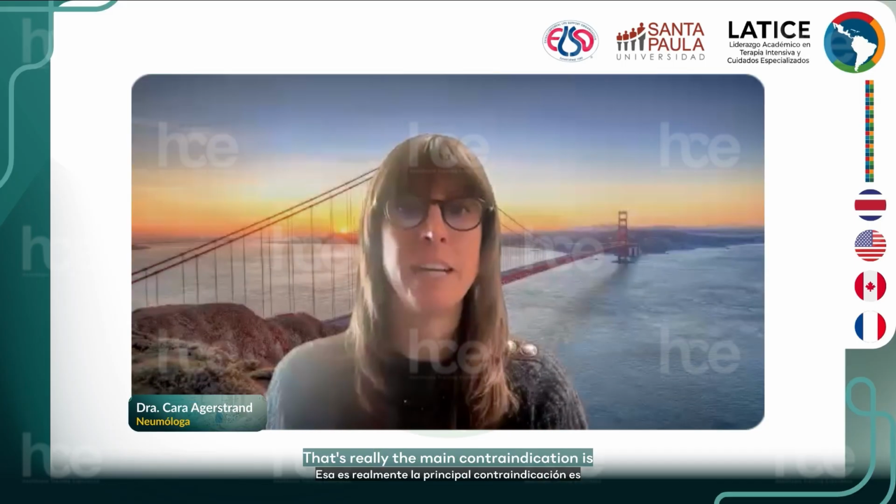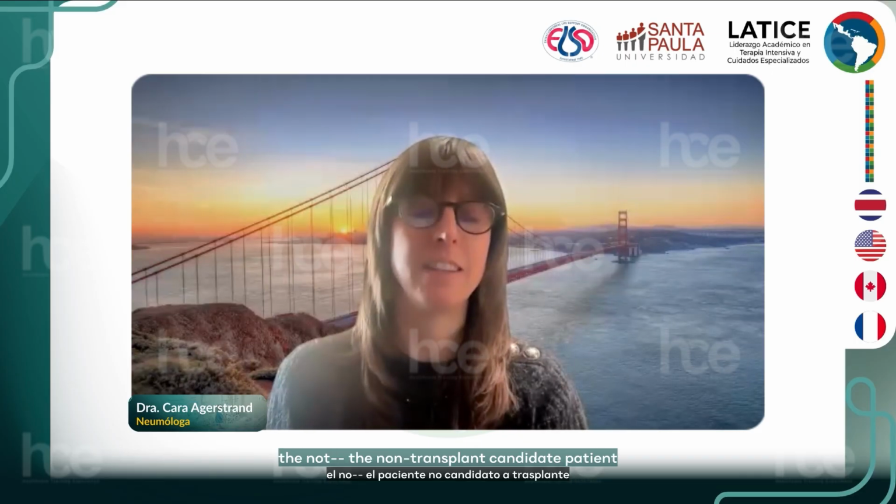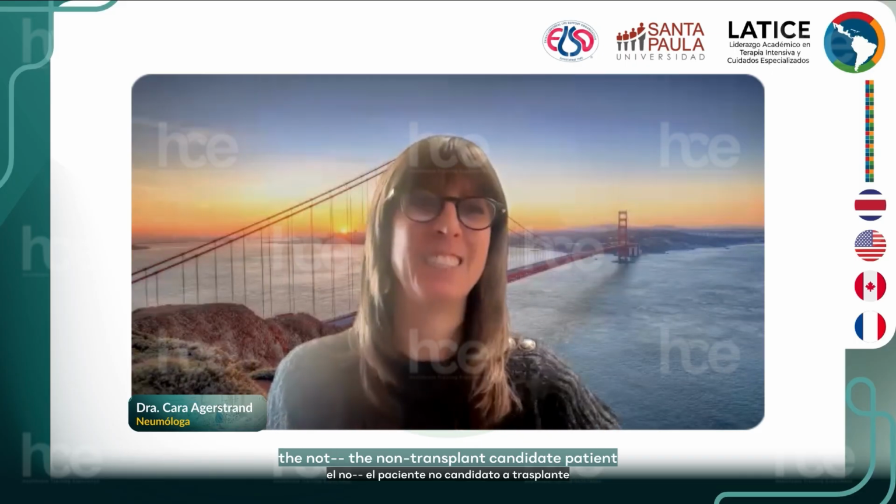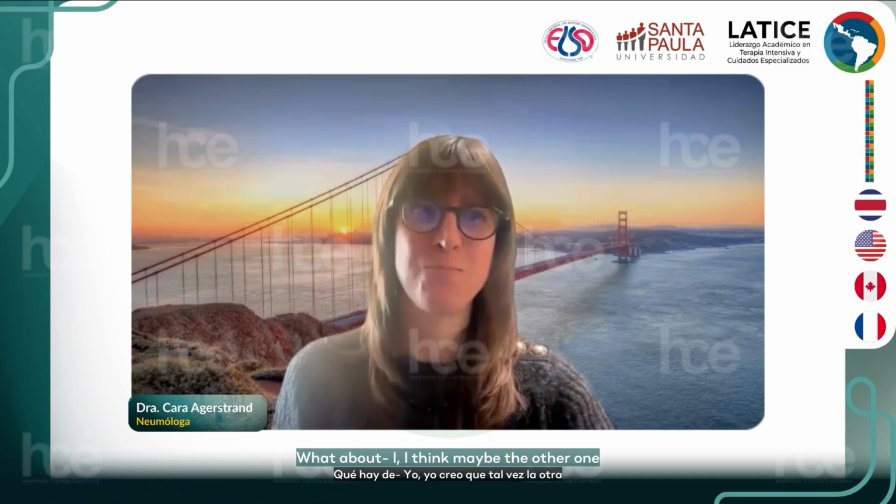I agree. That's really the main contraindication: the non-transplant candidate patient with irreversible lung injury. Another one you might consider, the trauma example might be a good one, is if something is happening with the patient that is more prognostic than the respiratory failure. If they have other organ dysfunction, and the patient, say, has severe neurotrauma and is going to die or not recover because of it, fixing their ARDS or hypoxemia is probably not going to be a big victory.